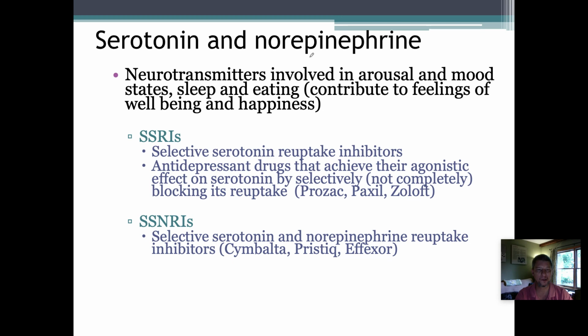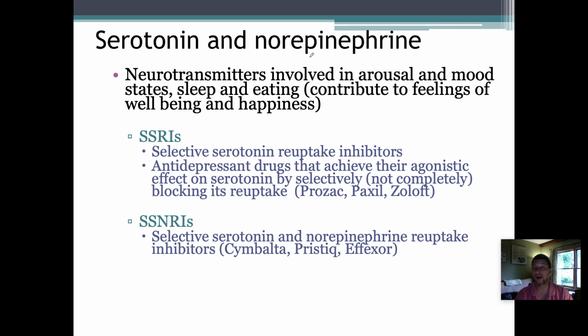And in this case, you might be prescribed drugs that will actually affect your serotonin and norepinephrine levels. For example, two examples, there are SSRIs and SSNRIs. An SSRI is a selective serotonin reuptake inhibitor.